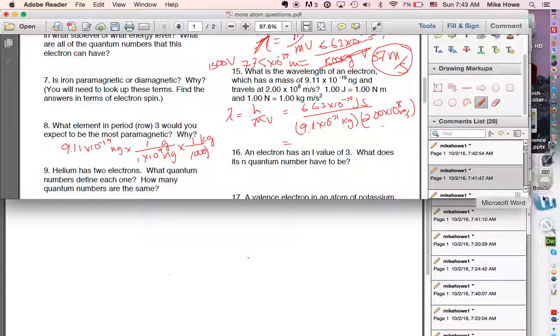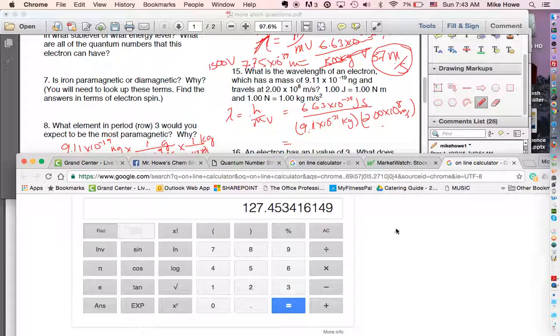I think I know the final answer, but I'll just double check. 6.63 exp negative 34 divided by 9.11 exp negative 31 divided by 2 exp 8 equals 3.64 times 10 to the negative 12th.